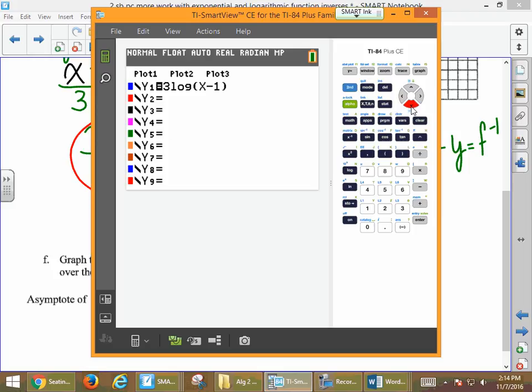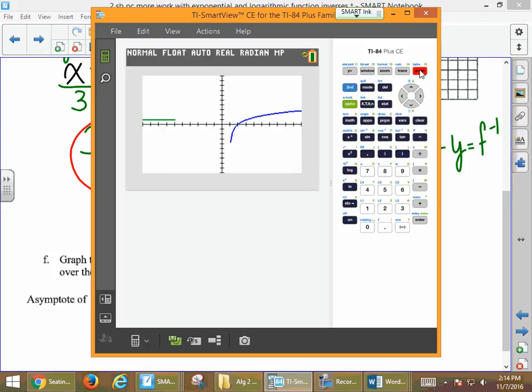That way it'll match the colors. We have 10 to the x over 3 plus the 1. We can graph. So there's our picture.